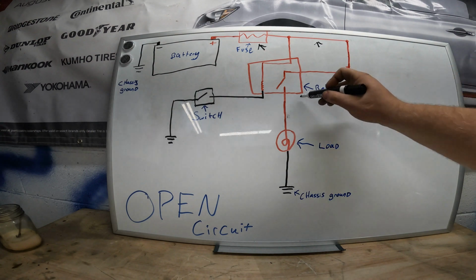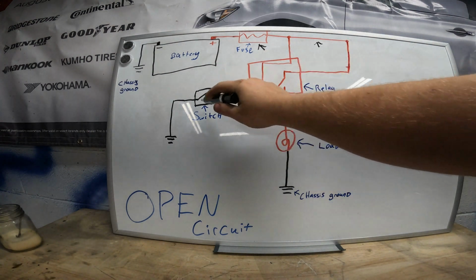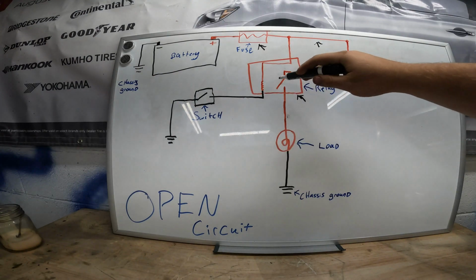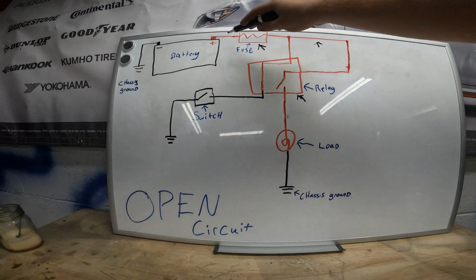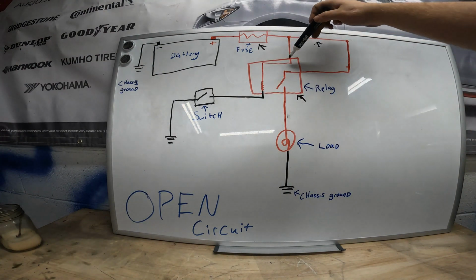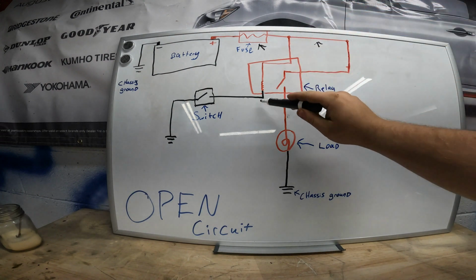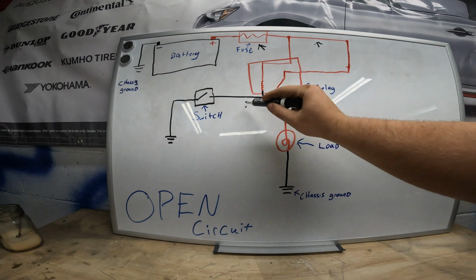If you have an open in a switch, like a bad relay, you hit this switch, command your power on, and that thing doesn't get a good connection. So this whole leg will operate correctly. You'll see 12 volts come down, go into your relay. Just after your relay, you'll see a really low voltage close to 0, something like 0.1.